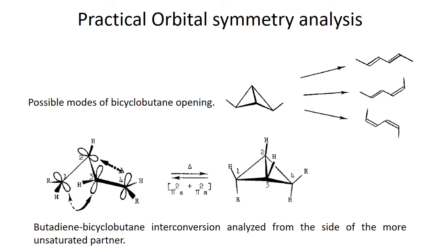These relationships are represented by heavy arrows. Now if we arbitrarily select the top lobe of atom 4 to become bonded with the bottom lobe at atom 2, we can connect 4 and 2 together and 1 and 3 together.